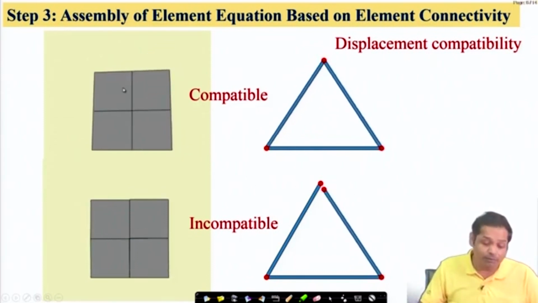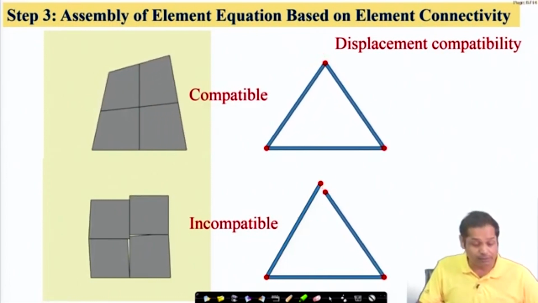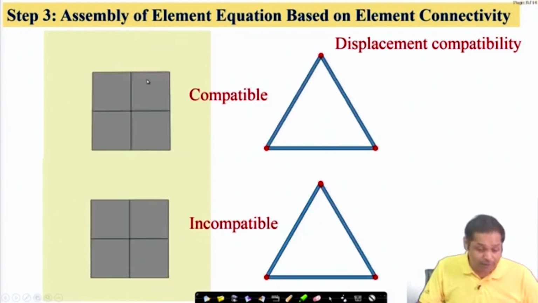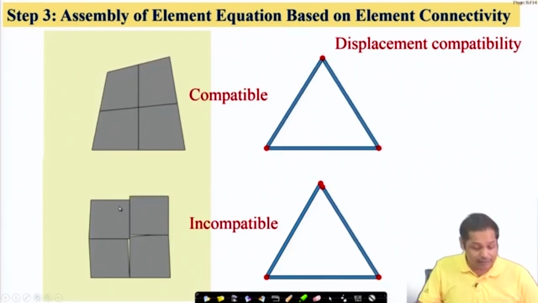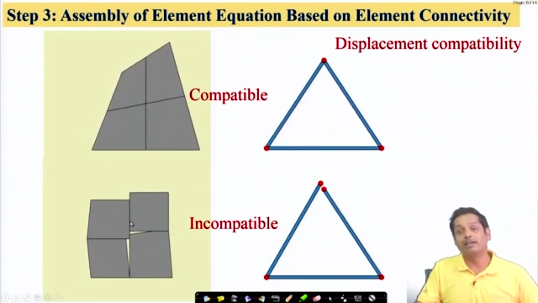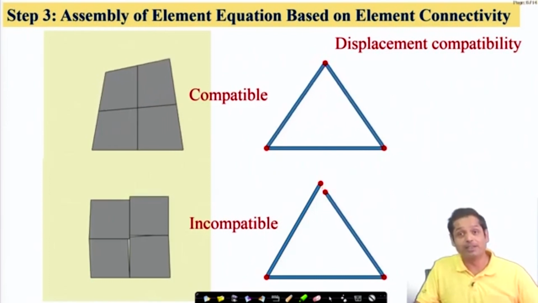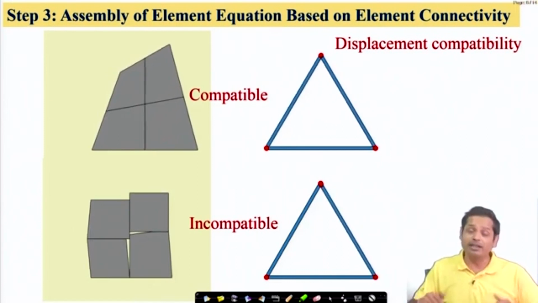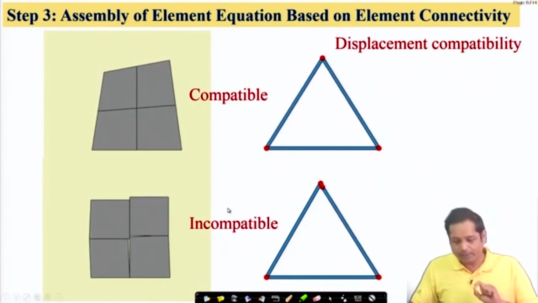Similarly, for a two-dimensional problem, which we will probably start next week, if it is discretized by two-dimensional elements like this and undergoes deformation, the deformation should be such that no discontinuity is created like this, unless there is a crack or fracture where material separation takes place. But those phenomena need to be dealt with separately through some special technique. This is the displacement compatibility.